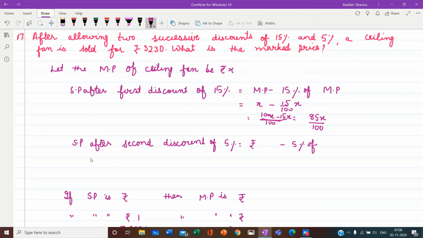So what will be the new SP after second discount of 5%? That will be equal to the first SP, that is 85 upon 100x minus 5% of it. Okay, so when we calculate here, it is 85 upon 100x minus, and we can solve it as 5 on 100 into 85 on 100x.